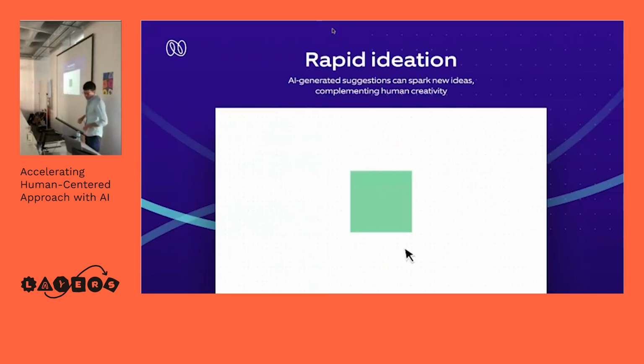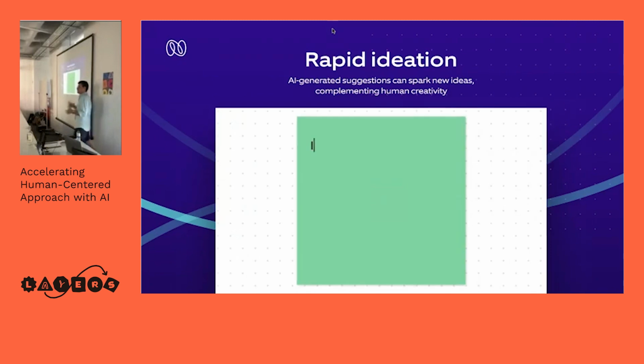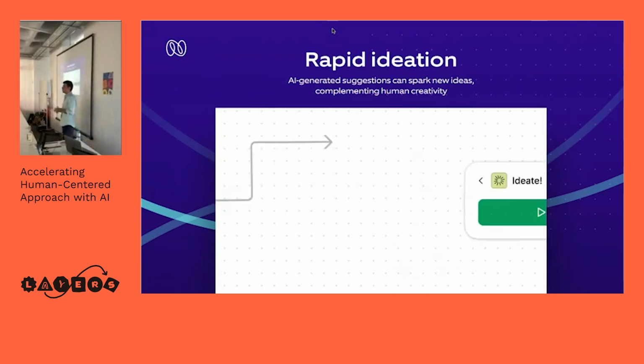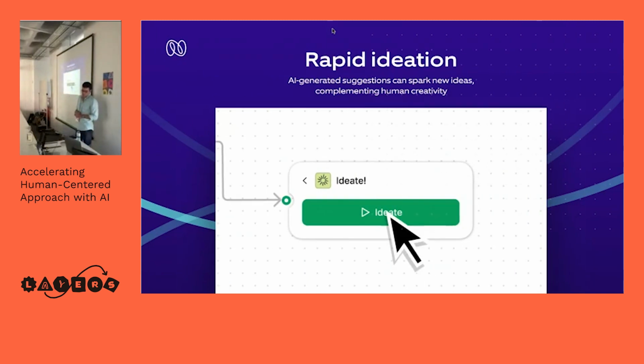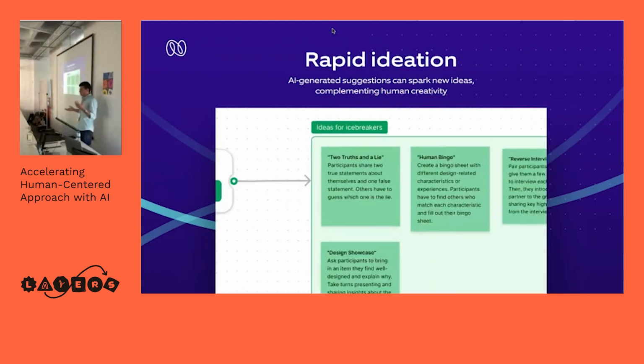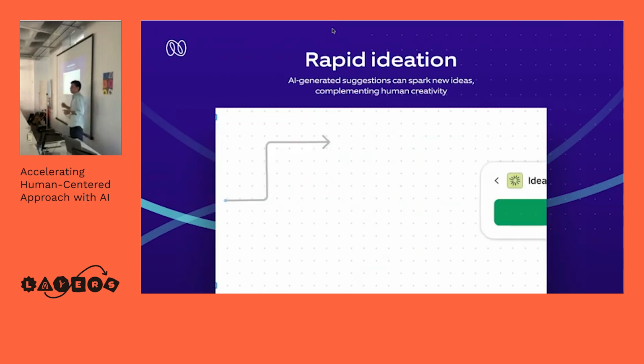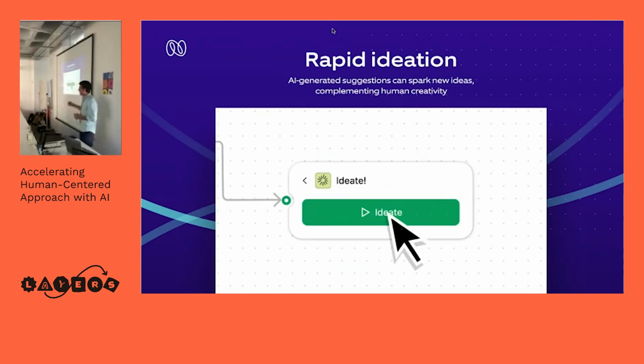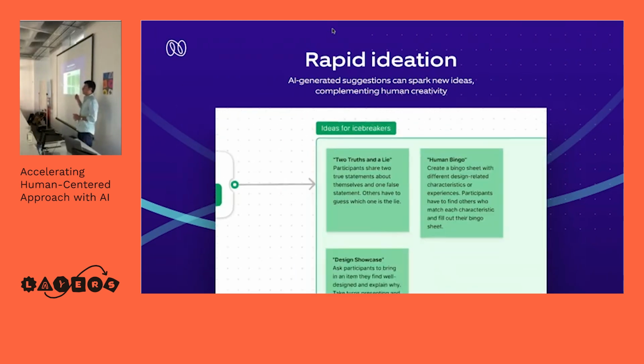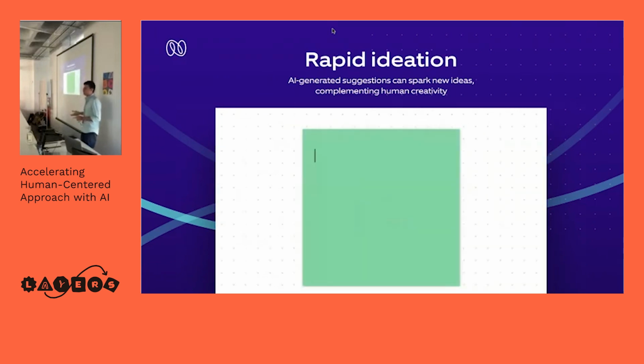Same thing goes for ideation. So insights, problem space. Now let's go into the ideation space. So what does ideation look like more or less? You all go to a room with your team. There's a whiteboard or maybe Miro or FigJam, and you start putting down post-its of ideas to solve this particular problem.